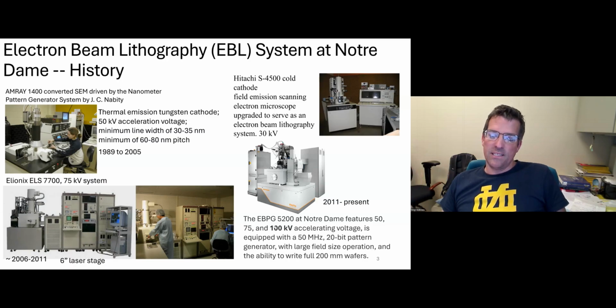The only disadvantage is that it requires a higher dose, which means longer exposure. But other than that, there isn't really any reason why you would want to go to 50 and 75 kilovolt. Now, I know that if you have a very, very good reason to use one of these voltages, they can set up the system, but it requires a few days to wind down the voltages, stabilize everything in the column and set it up.